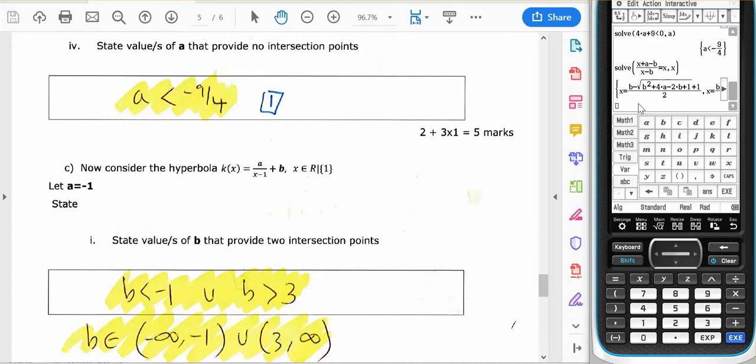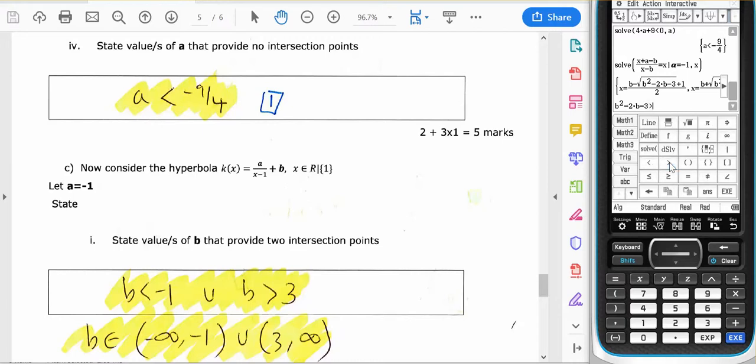Okay, now in this situation, I have a condition that a equals -1. And that gives me this. Now, if I explore the discriminant of this, then I will have two intersection points when that bit is bigger than 0 and solve for b.